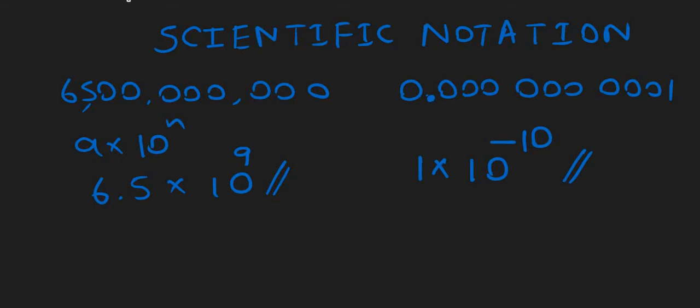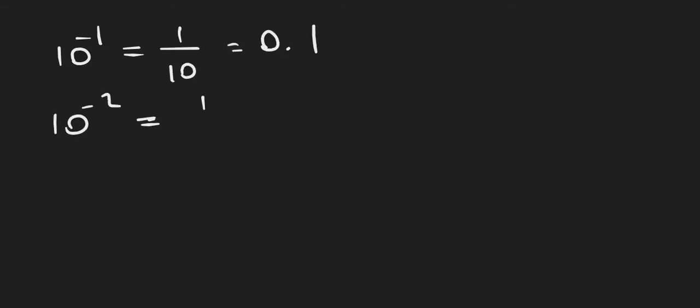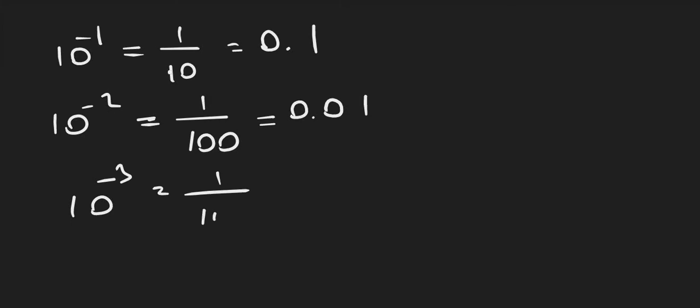In such situations, we have to use the minus sign, because 10 is 10 to the power 1, 100 is 10 to the power 2, 1000 is 10 to the power 3 and so on. Similarly, 10 to the power minus 1 is 1 over 10 or 0.1. 10 to the power minus 2 is 1 over 100 or 0.01. 10 to the power minus 3 is 1 over 1000 or 0.001 and so on.